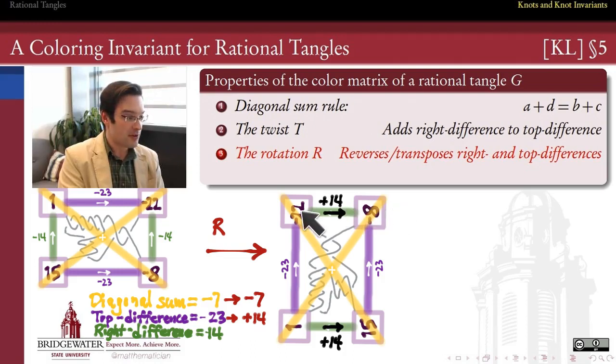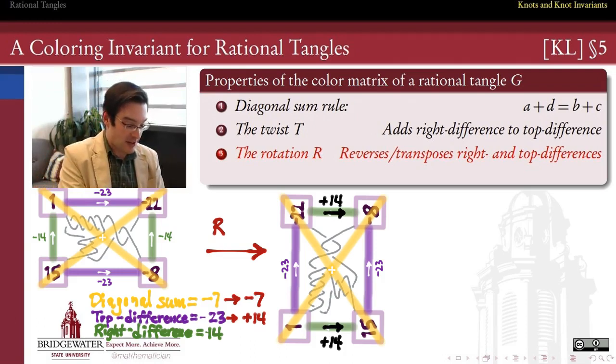So this top difference is the old right difference, but the sign has changed. Right? You notice the direction that my arrows are oriented here. I had to reverse the direction of this arrow here. So my new top difference is the opposite of my old right difference.